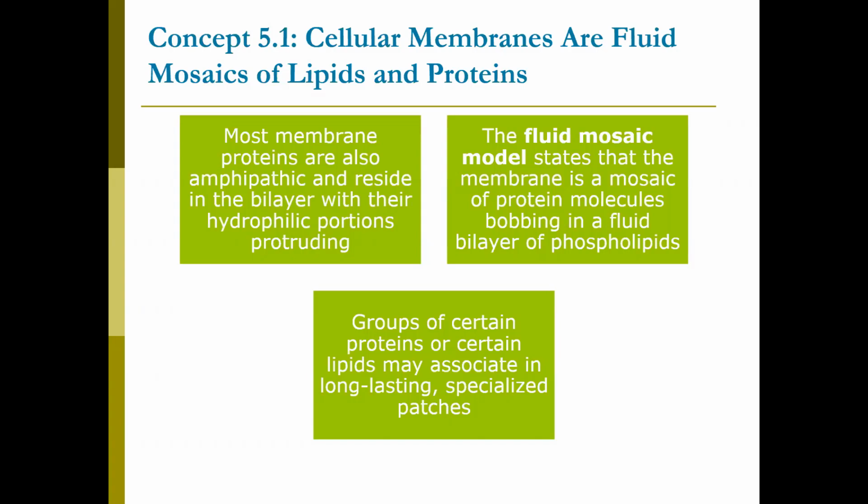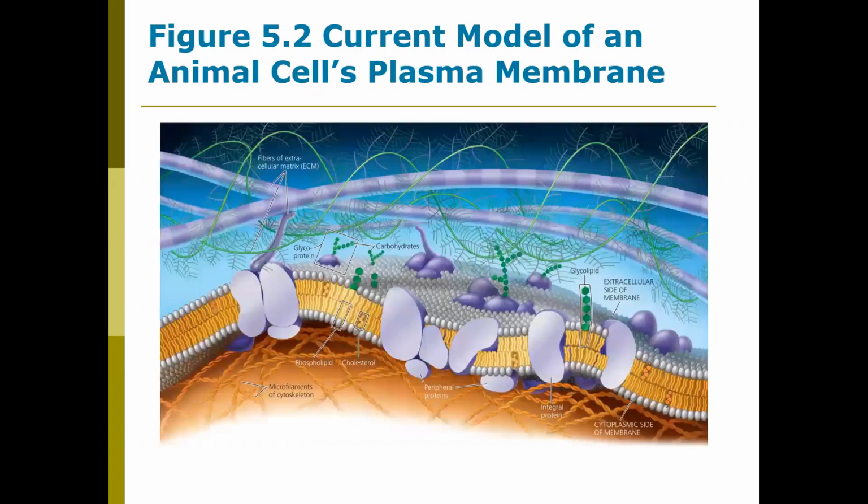So within the membrane, there are all of these different proteins, and these proteins have different functions, and we'll talk about those functions. Here's a good picture of the fluid mosaic model, because it includes the phospholipid bilayer.